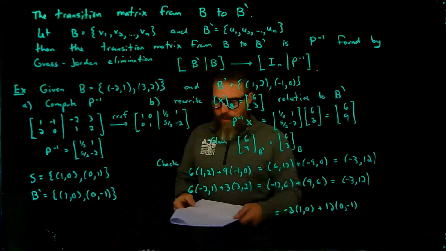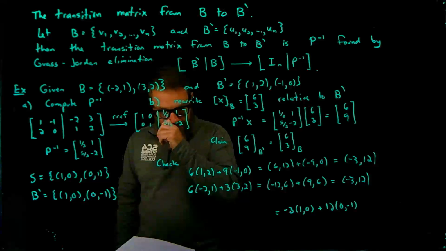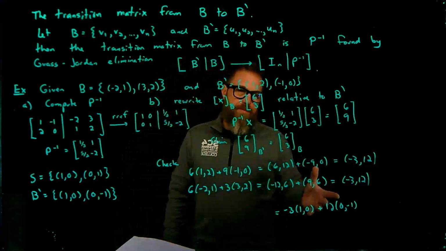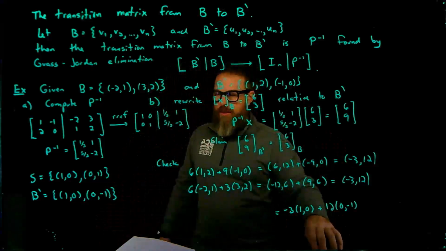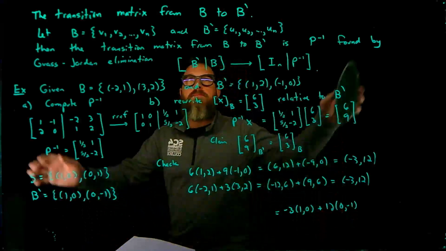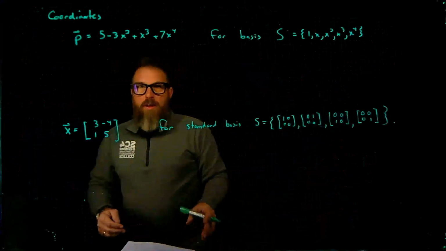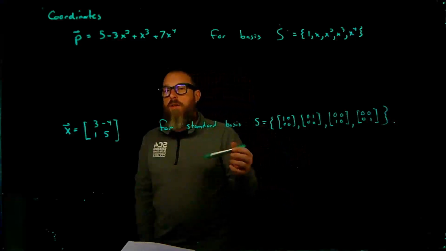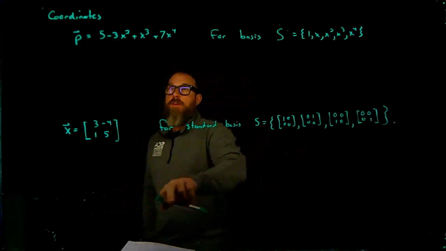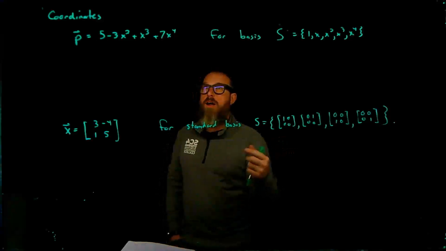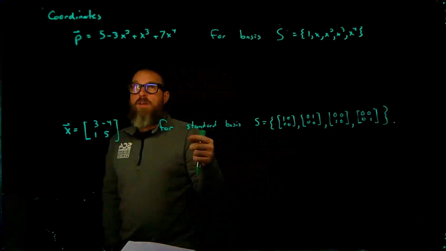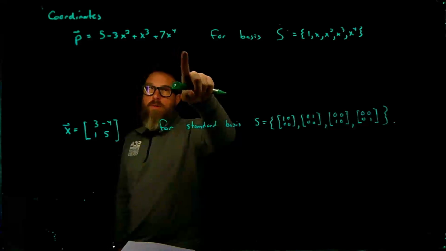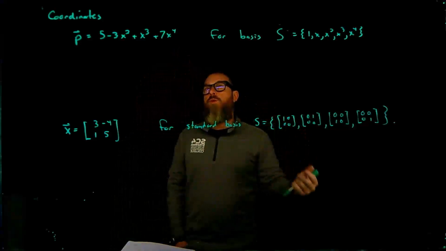The last thing I want to talk about is coordinates of non-Euclidean vectors, and that'll take 1 minute. So this works for all our vectors, and they don't have to be Euclidean vectors. What if I'm talking about the P4 space? This is a vector in polynomials of degree 4 or less.